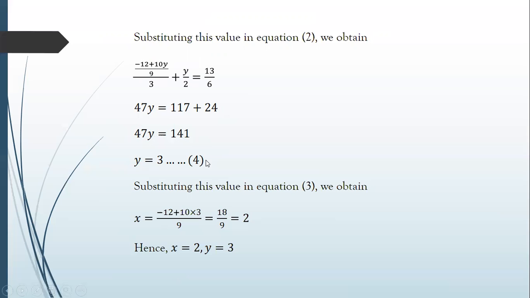So y is 3, which is equation number 4 for us. Substituting this value in equation 3, we obtain x as minus 12 plus 10 into 3 by 9, which is 18 by 9, so 2. So hence we have x as 2 and y as 3. So whether it be decimal form or irrational numbers or fractional numbers, any type of real numbers can be solved using this method.